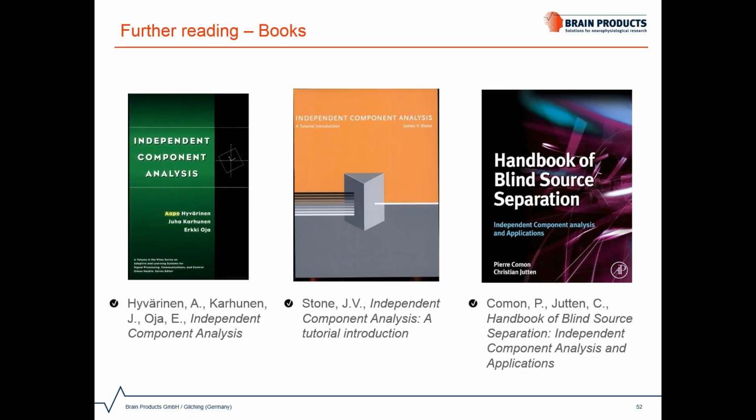Okay, just some further reading. So there are these books here that are very specifically about the ICA analysis, but very general. So it's not about removing ocular components. Some of them are very mathematical. This is really about the method. But if you want to learn more about ICA as a method, I can recommend these books.